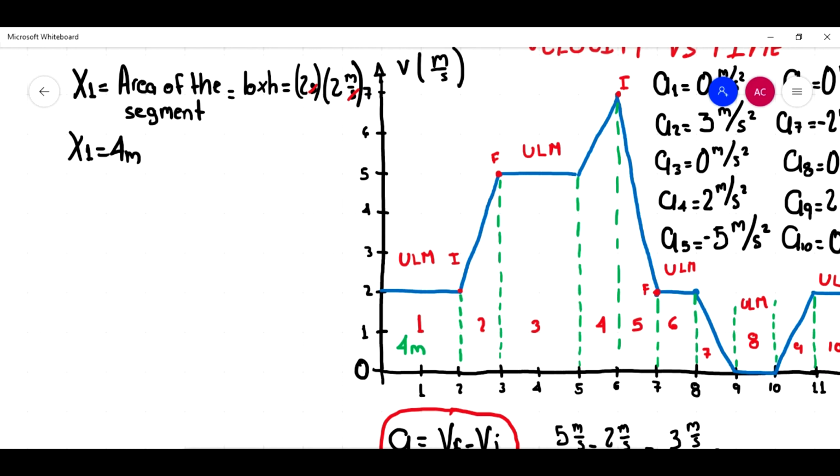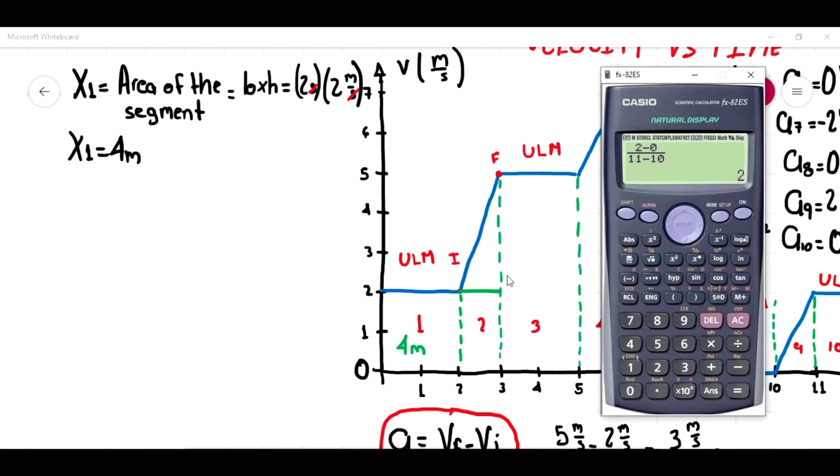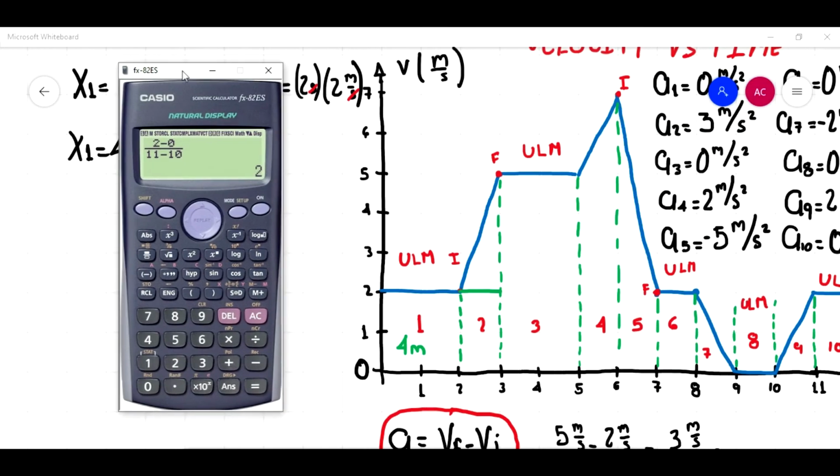Okay, in segment number 2, if you see, we have a strange figure. So I'm going to separate this one into 2 figures, and I'm going to do it in the calculator directly. So the distance of segment number 2 will be the area of this figure plus the area of this figure.